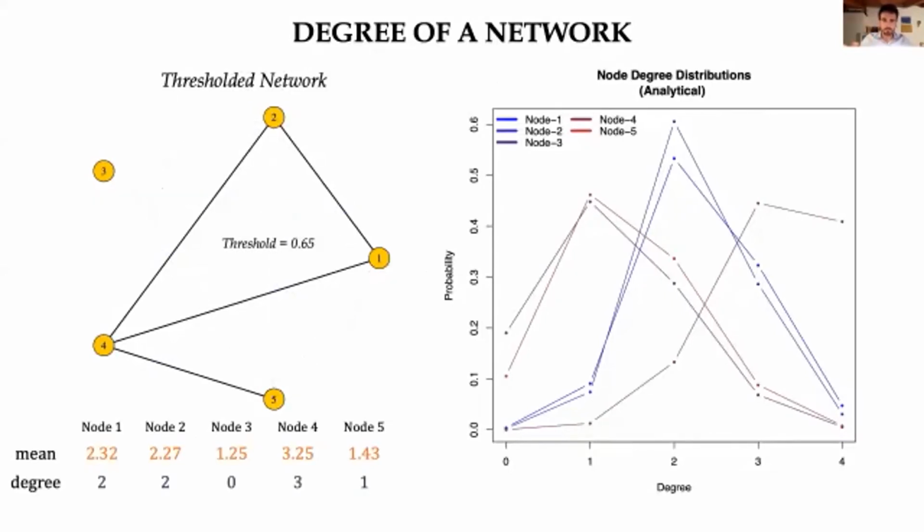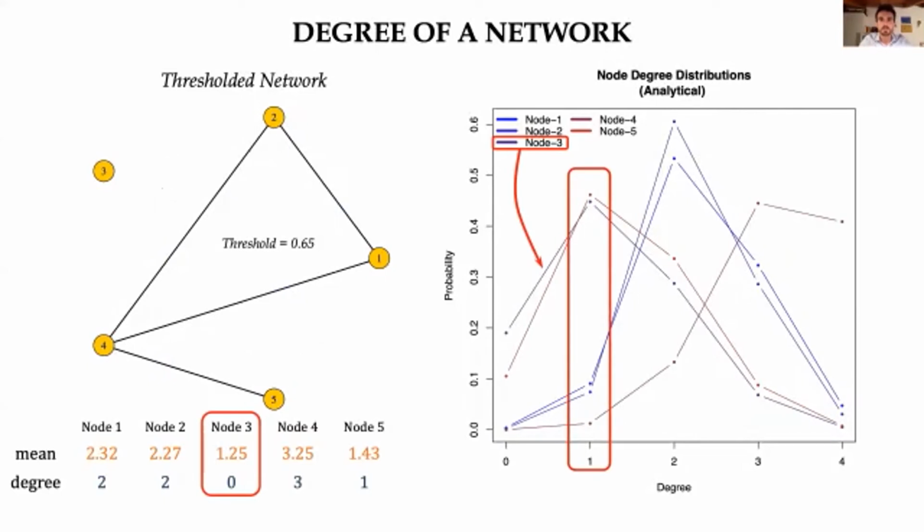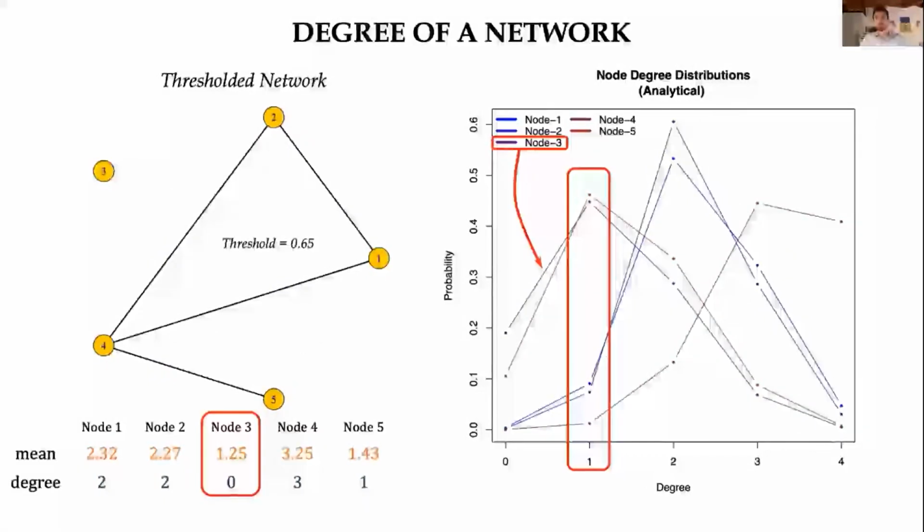If we imagine now to apply, for example, as before, a threshold, we would obtain slightly different values for some of the nodes. For example, node 3, in this case, turns out to be isolated. While if we look at the distribution, we see that the probability of having degree 1 is more than twice the probability of being isolated. And this is an example of the implications that this probabilistic perspective offers.